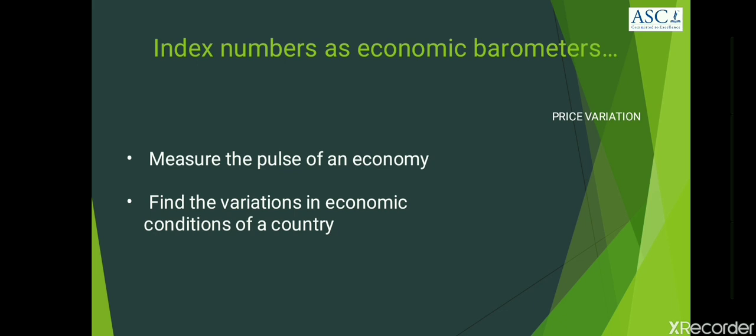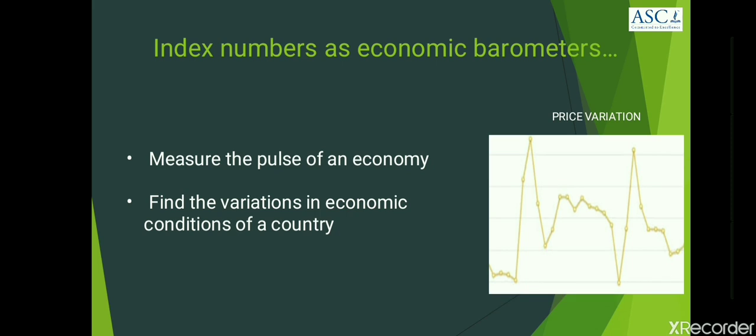Let us consider an example. Assume that we are interested to study the price variation of a commodity. In that case, let in this diagram x-axis represents time and y-axis represents price, as shown here.